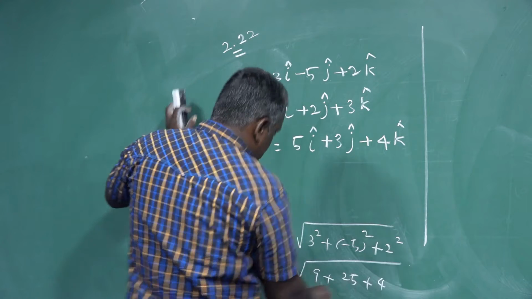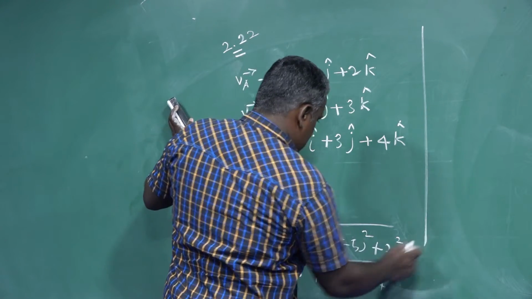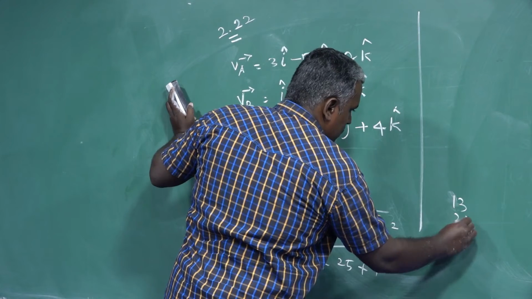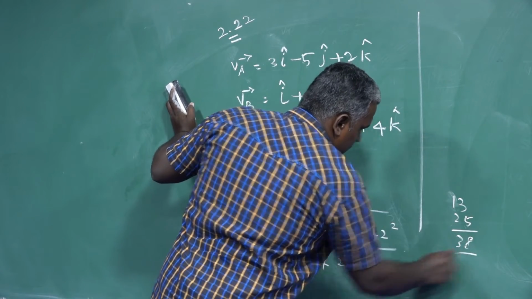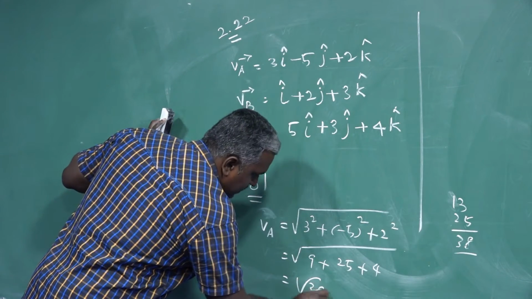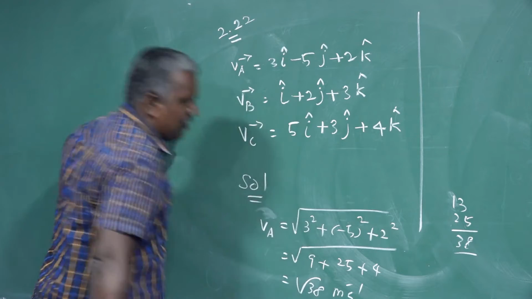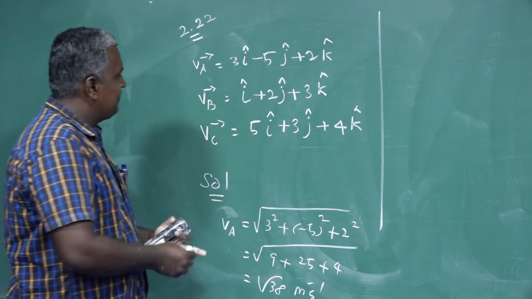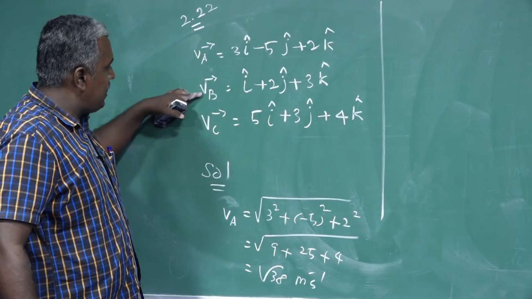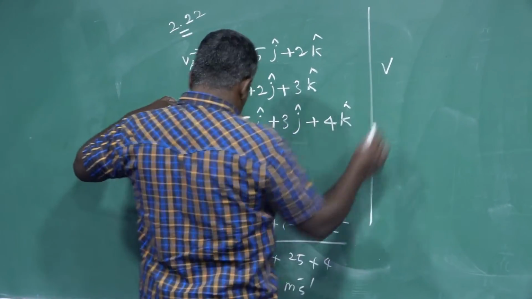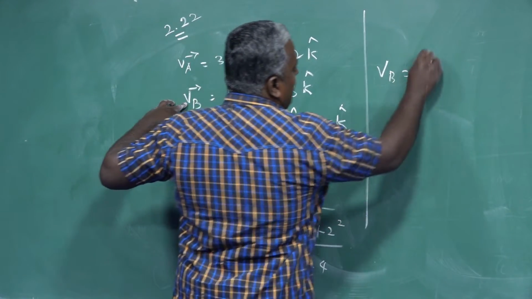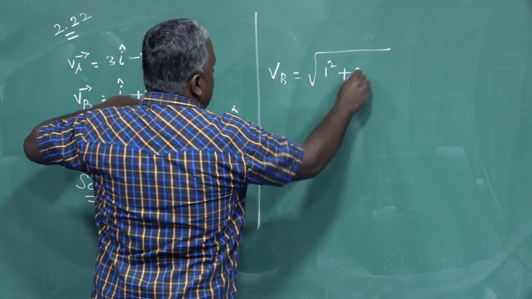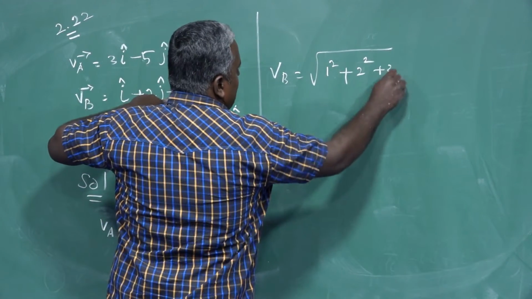So 9 plus 25 plus 4 is 38. So root of 38 meter per second. Then find out next the speed of particle B. VB, we can write directly 1 square plus 2 square plus 3 square.